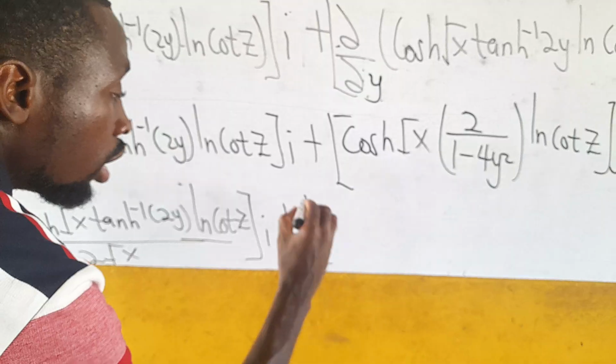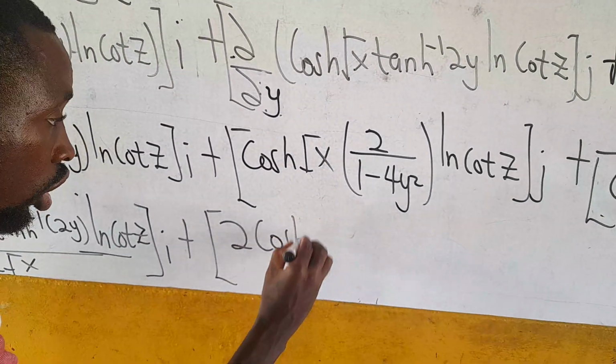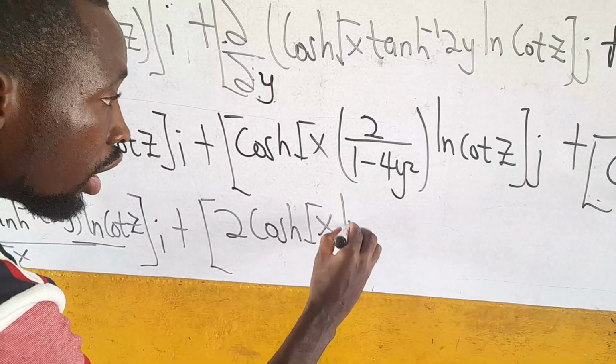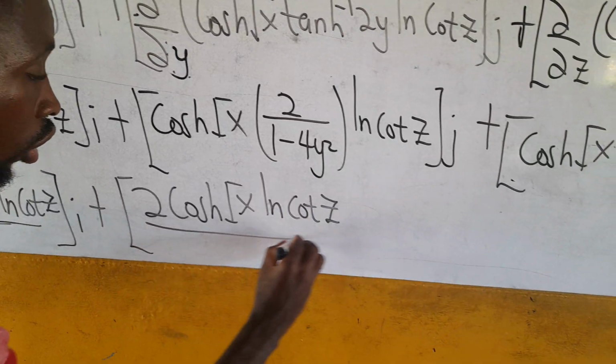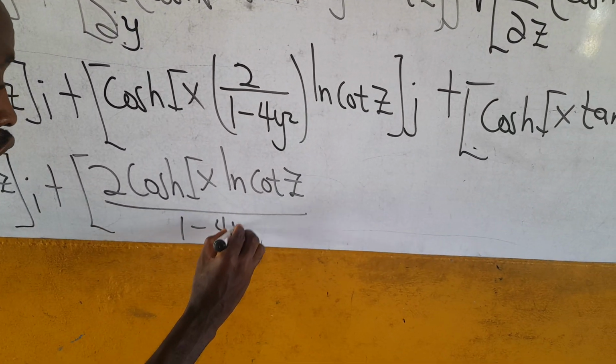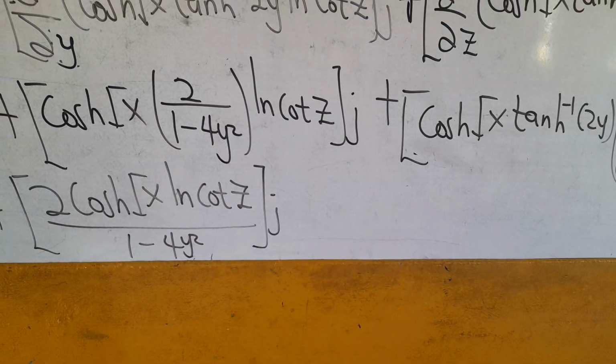Then plus 2 cosh root x ln cot z all over 1 minus 4y squared, and that is in the j direction.